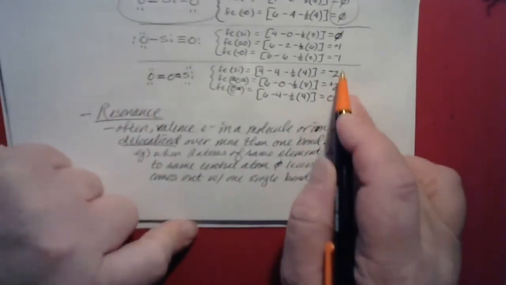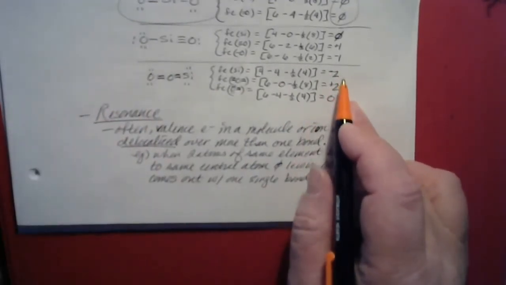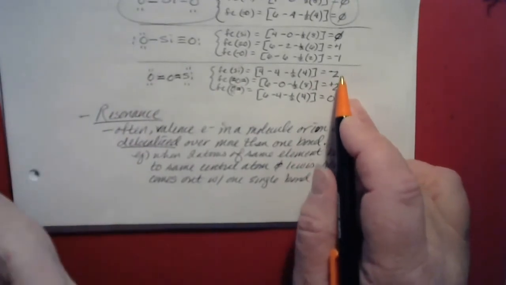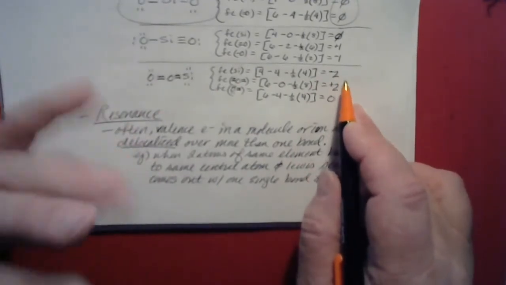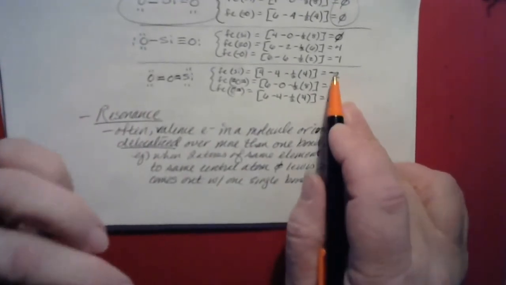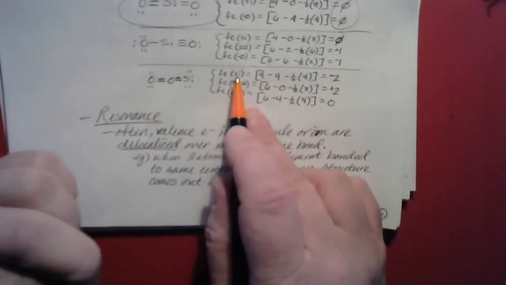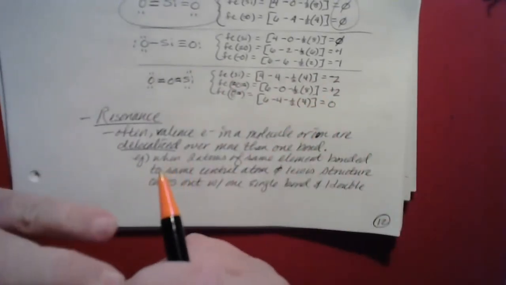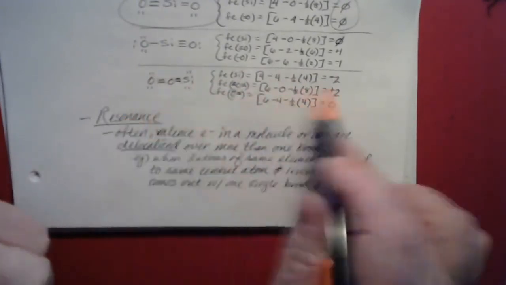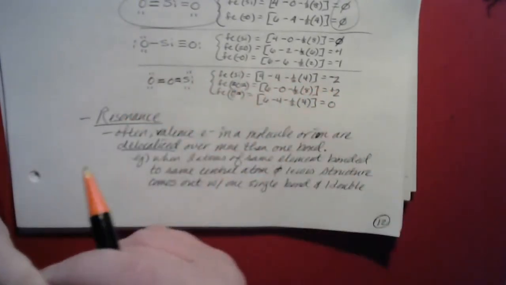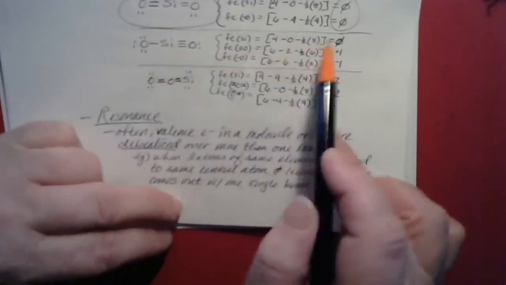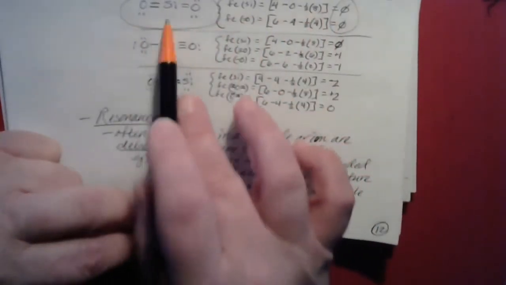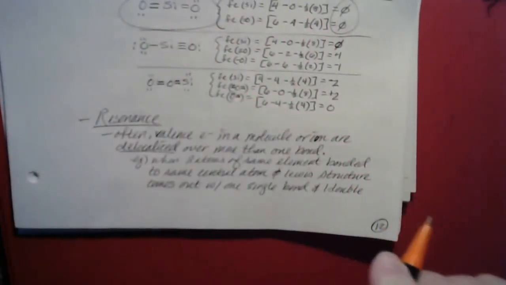So you've got +2 and -2 in this structure. Right away, anytime you have +2 and -2, that's usually a bad sign in and of itself. But the fact that you've got a negative charge on the less electronegative element and a positive charge on the more electronegative element, that's a really bad sign. So this is absolutely not the structure for SiO2. The second one is not great, but not terrible either. The first one, though, is really, really good. So that is by far the most likely structure.